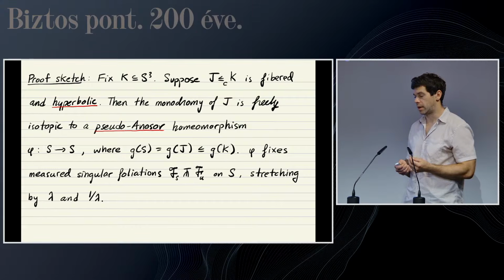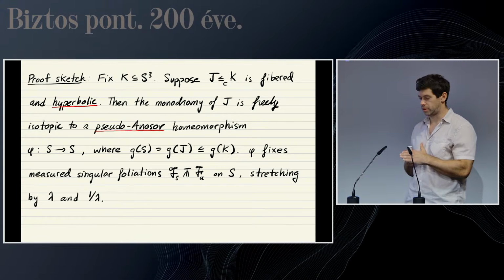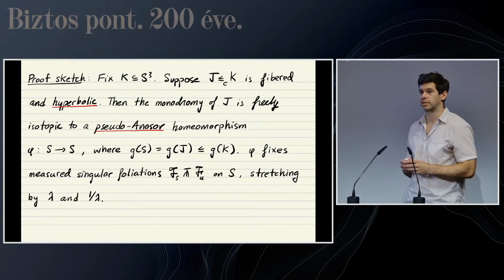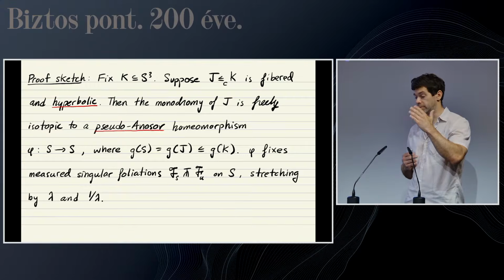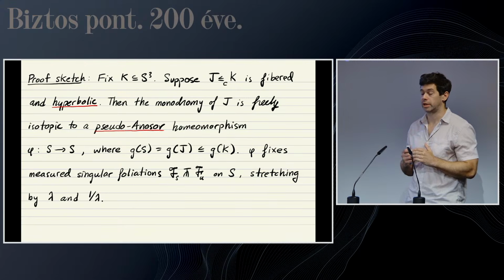So a map being pseudo-Anosov means that it fixes a pair of transverse measured singular foliations on the surface. And they're measured foliations, and what the map does, well, it fixes the leaves setwise of each, and it expands the measures of the stable foliation by some factor lambda, and contracts the measures of the other foliation by 1 over lambda.